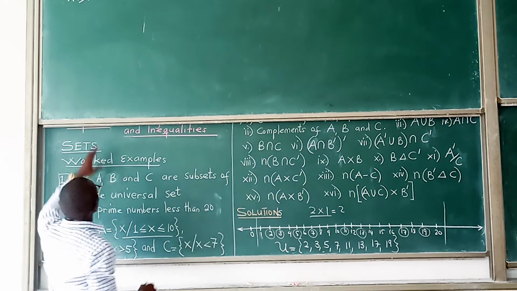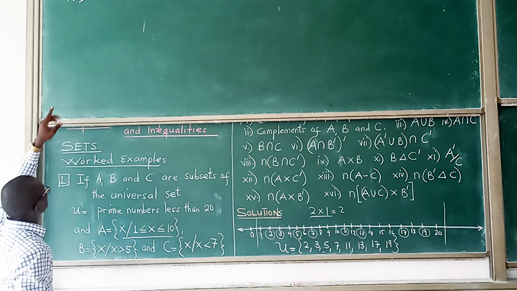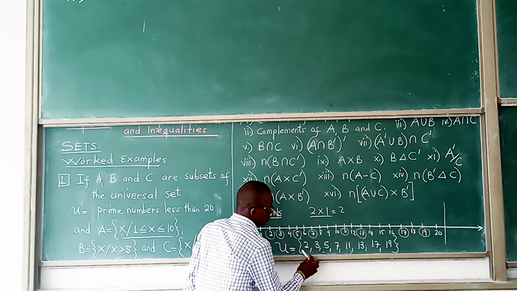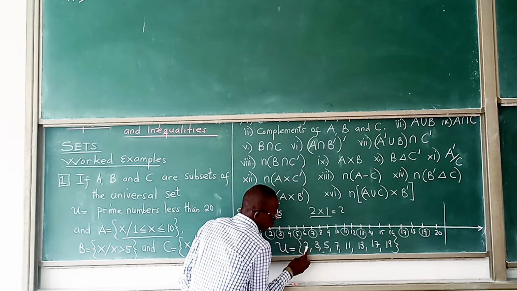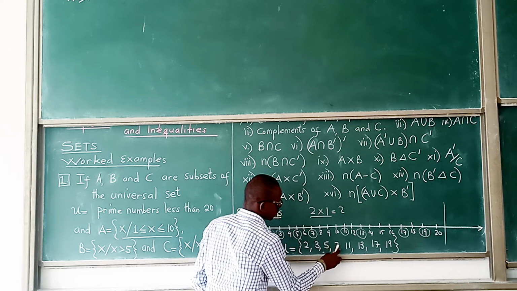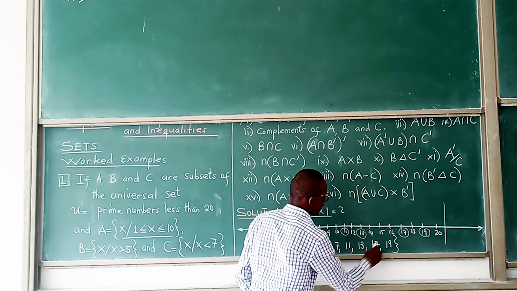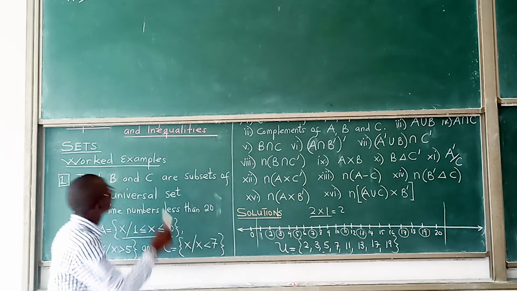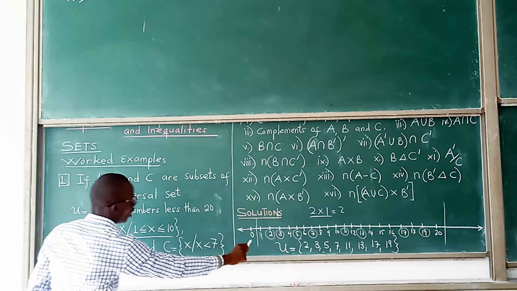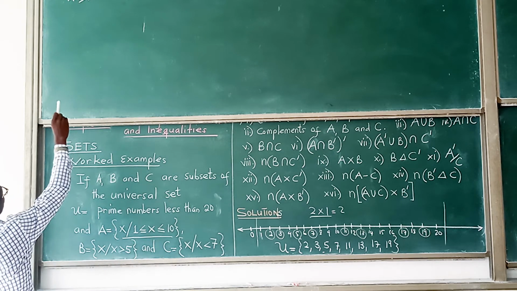They are saying that x should be greater than 1. So x could be 2, 3, 5, 7, 11, 13, 17, or 19. But let's not dwell on the first inequality to tell us the members of set A. Let's look at the second one.